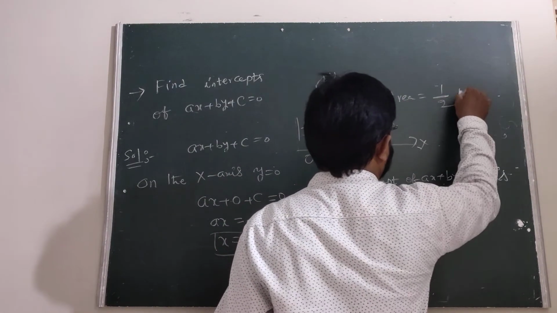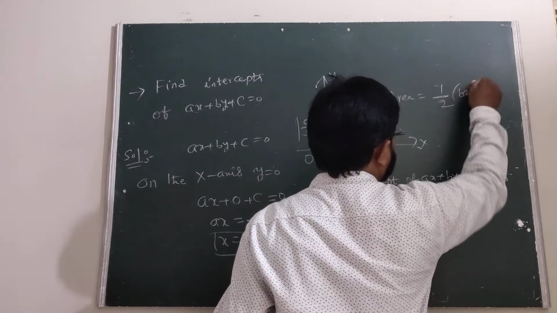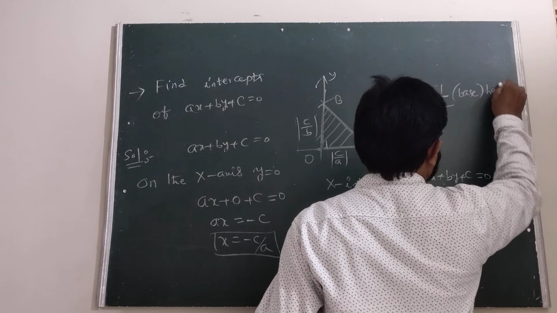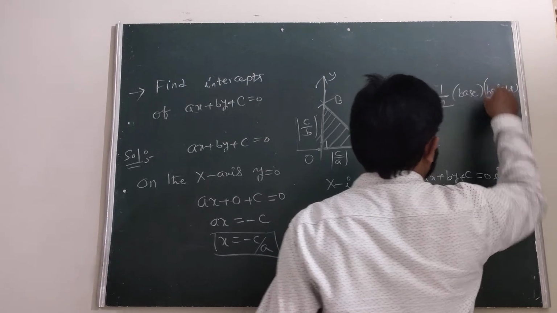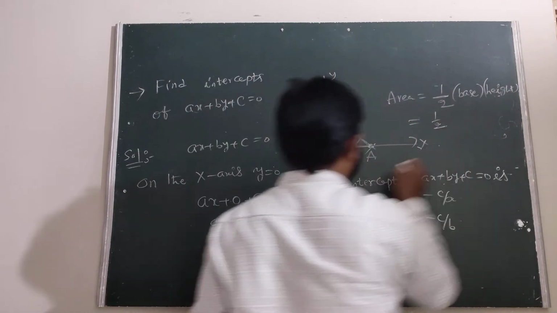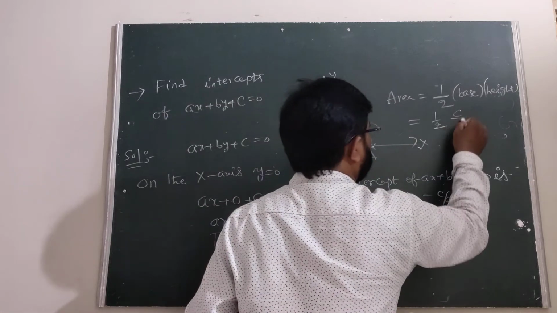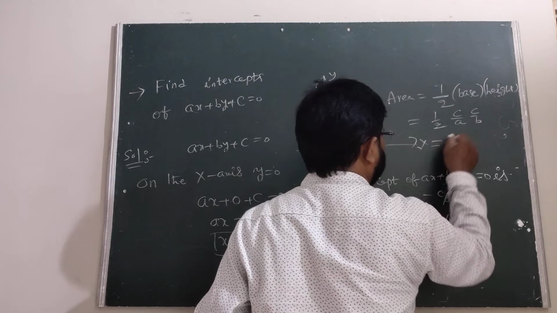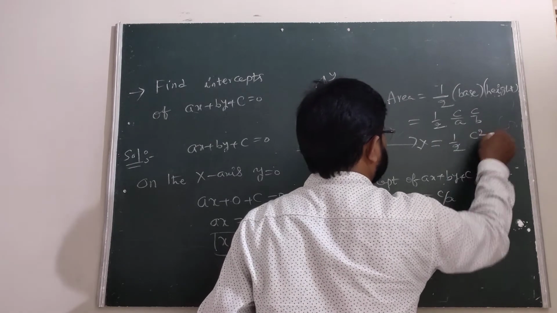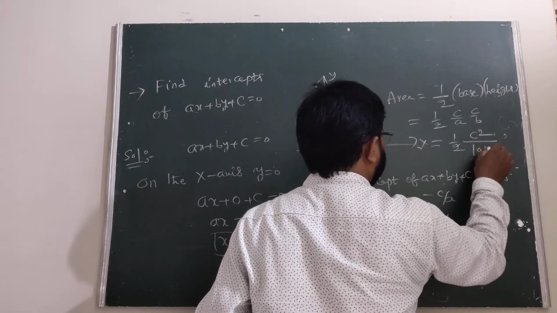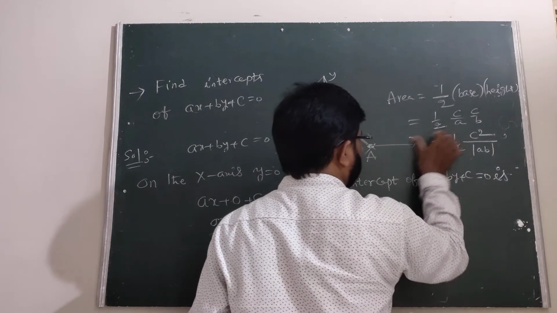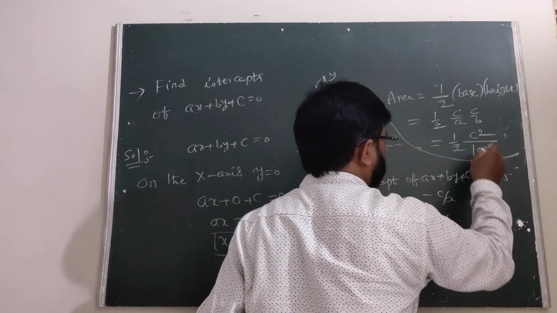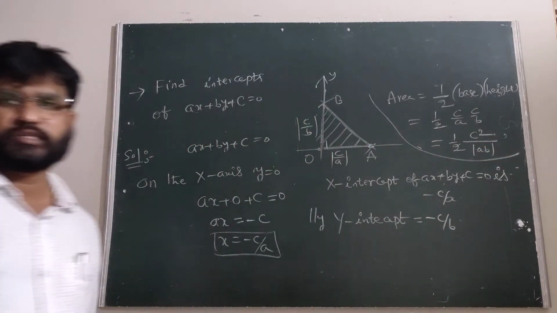We know that it is half base into height. Here the base is c by a, height is c by b. Now we can write this as half into c square, which is always positive. We know that area is always positive. Is it clear? The area is half into c square by modulus of ab square units.